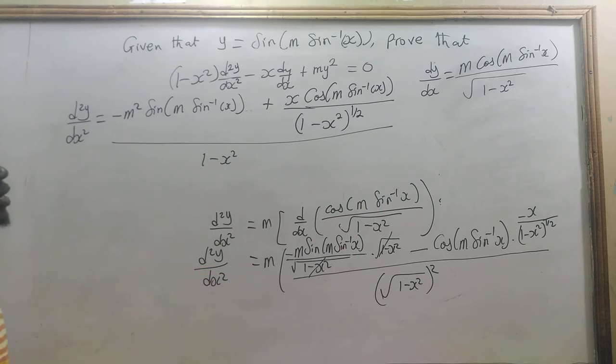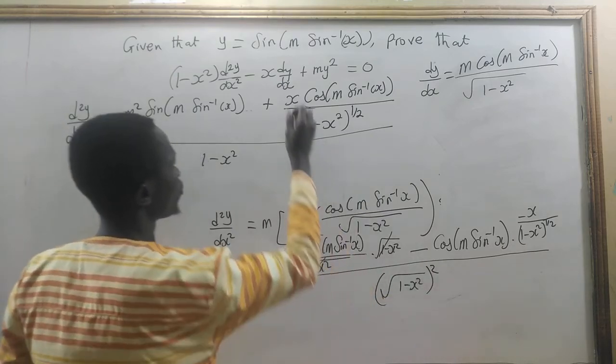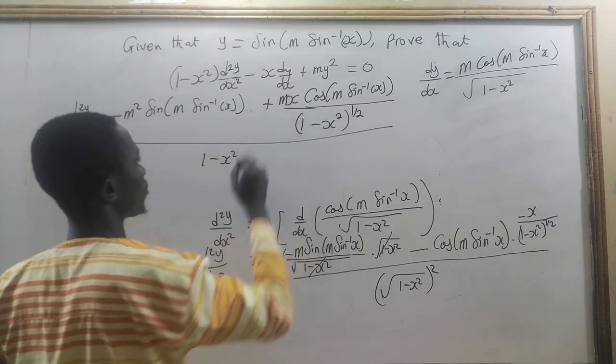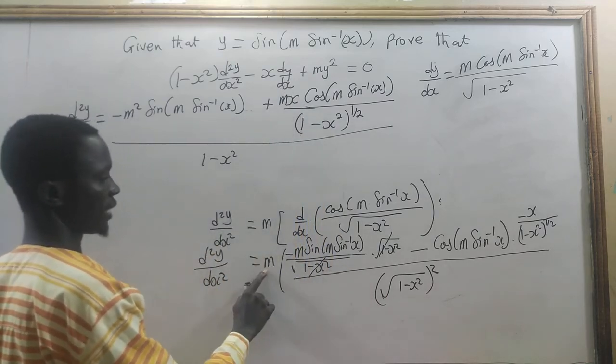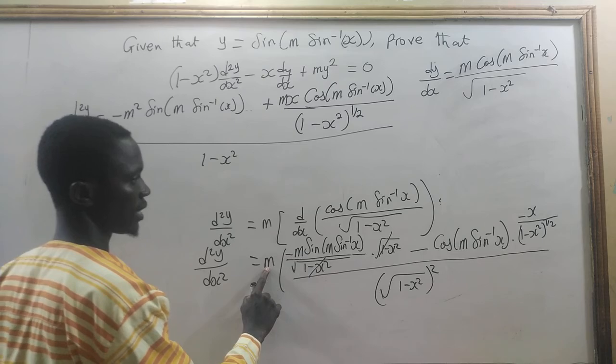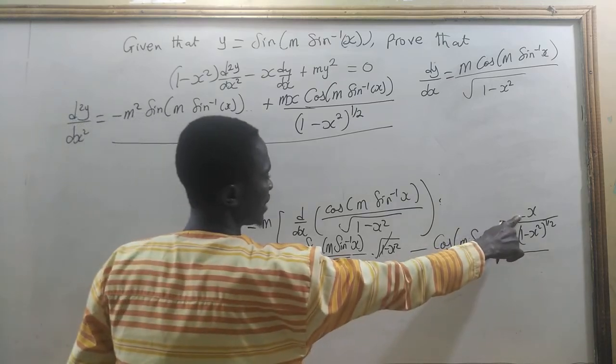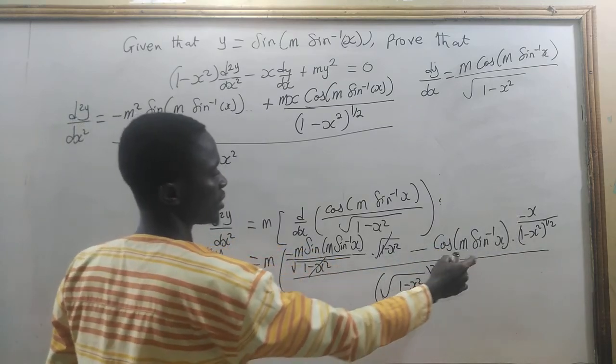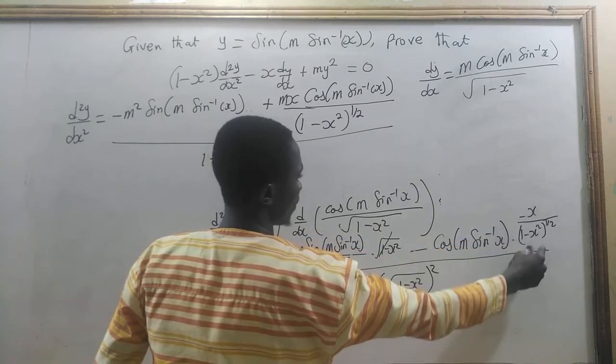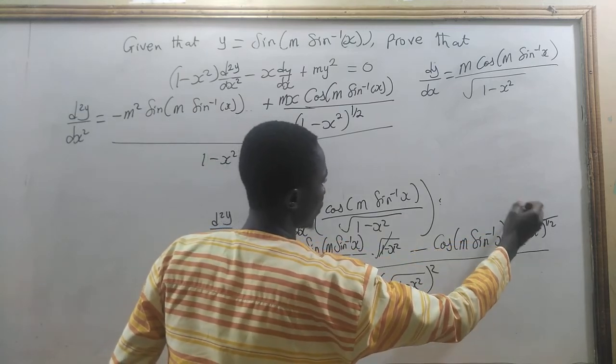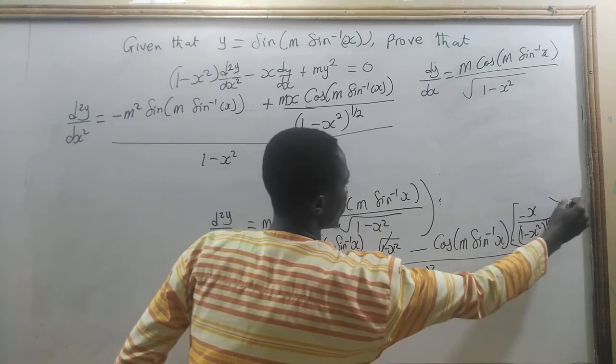Now, let's look at this. Okay, this m will multiply this, so we have m here. Correct. We are multiplying 2 by the m, so m will multiply this, and m will multiply this. And here you see that negative will cancel negative. Here, this will multiply what is at the top. Remember, it is not multiplying the down one. Let me put it in brackets.